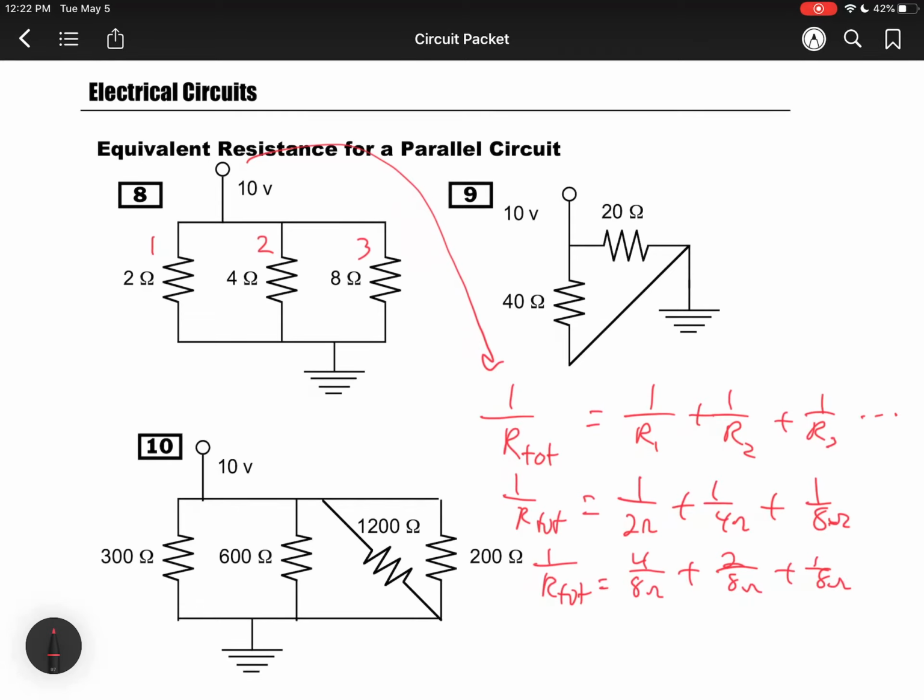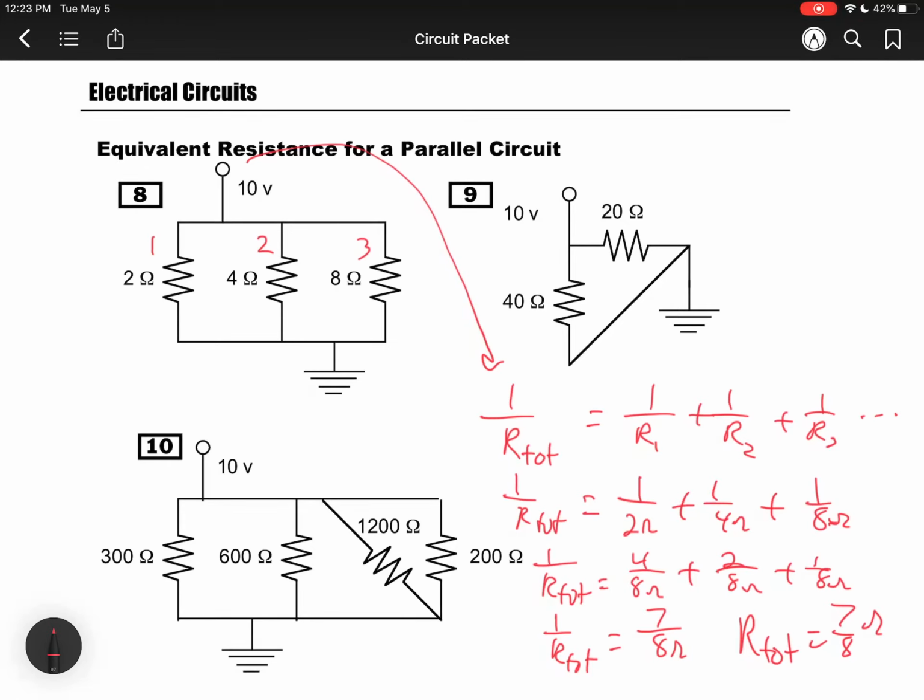That's going to be 7 over 8 ohms. Cross multiply, that's 7 times R equal 8, or you could just take the inverse too and say the total resistance is 7/8 of an ohm. You could also just do that with decimals and that would be fine too.